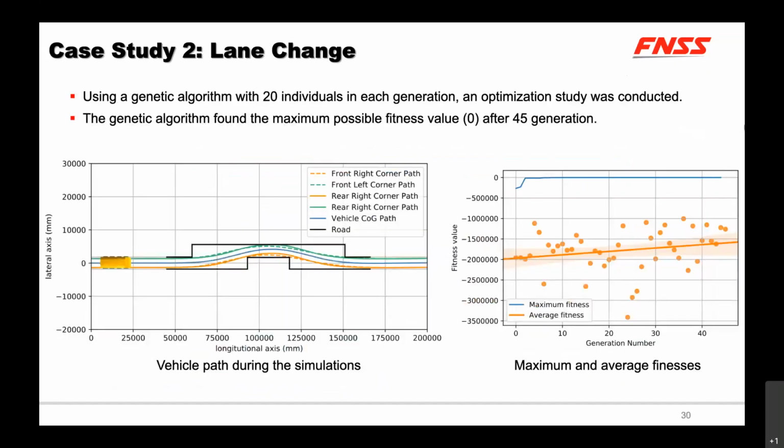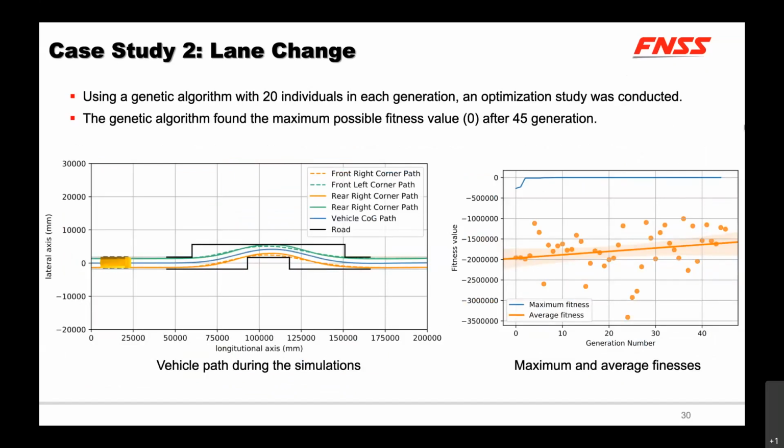So we again use 20 individuals in each generation, and then we find the solution after 45 generations, where we get a 0 as a fitness value, which means our vehicle has completed this double lane change maneuver without going over any road boundaries. And here again, we can see the progression of the genetic algorithm.